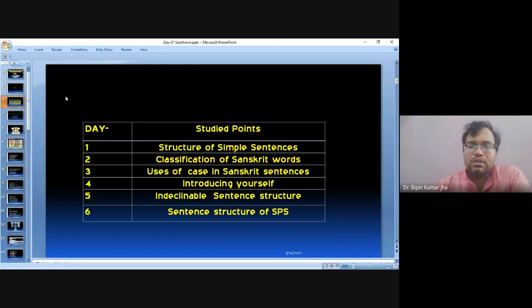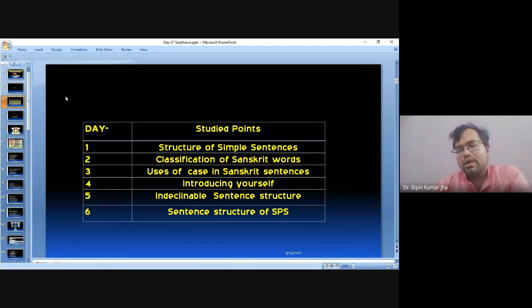Then Upsarg. Upsarga, you know very well, are prefixes which are normally used with verbal roots, and they give different meanings. So we studied upsarga also, and there are 22 prefixes, which are helpful to understand how to coin new words.